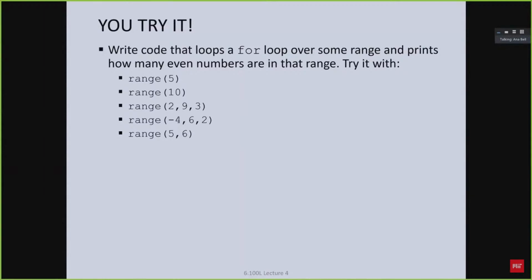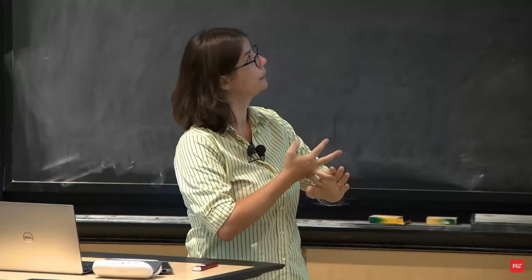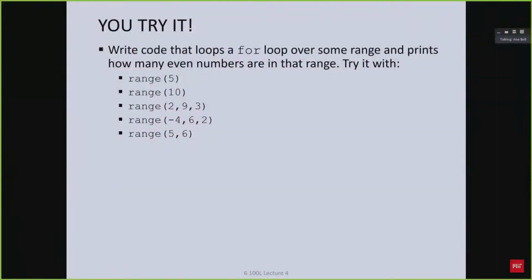I want you to write code within that for loop that counts how many even numbers are in that range, including the 0. So for range 5, your counter should pick up on the fact that 0 is even, 2 is even, and 4 is even, and then that's it. So it should print 3.